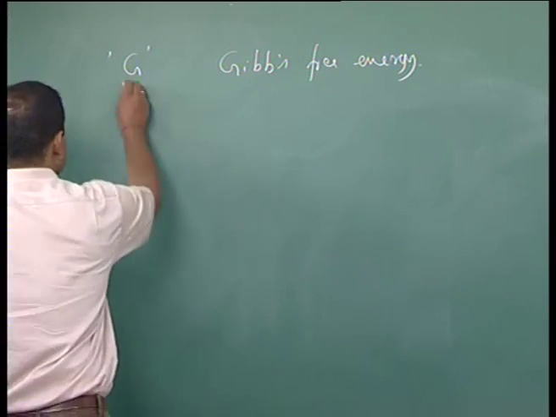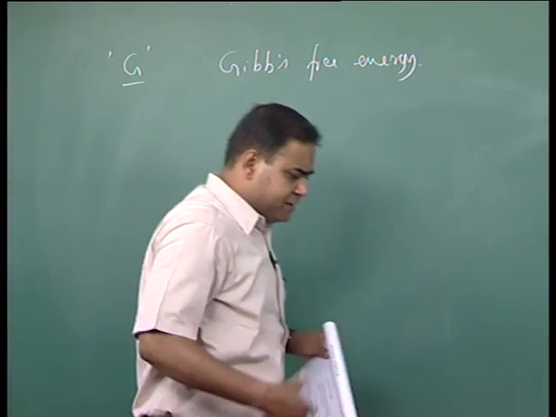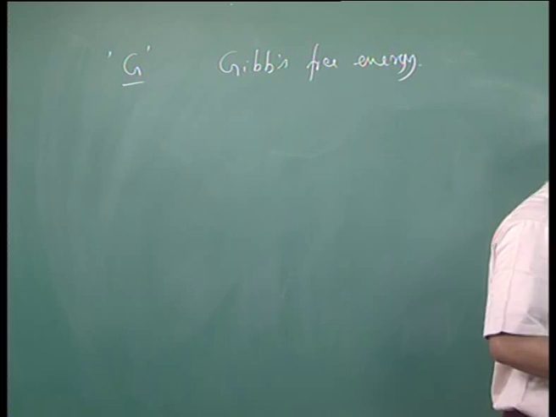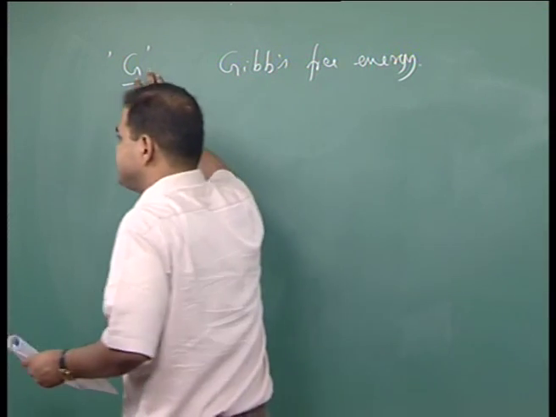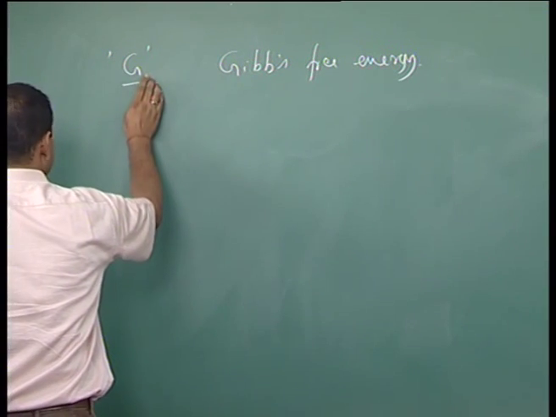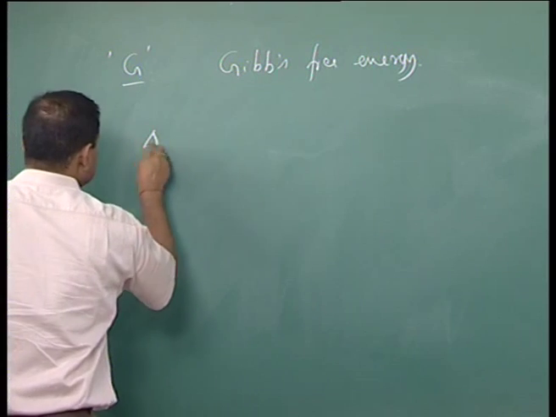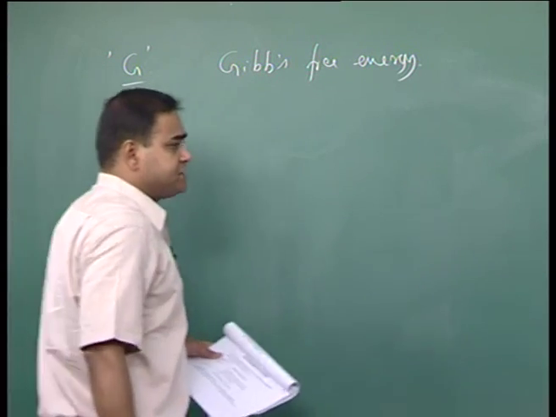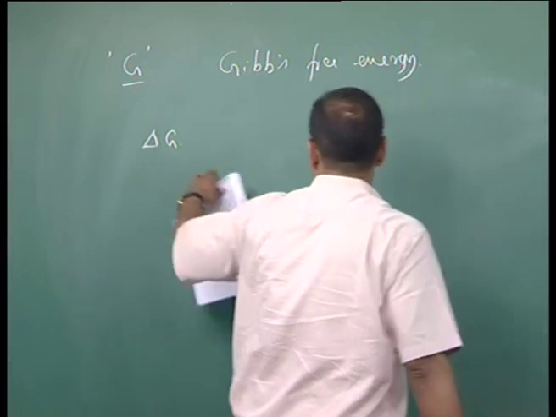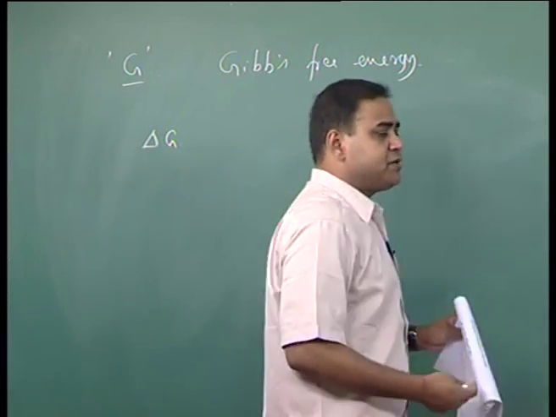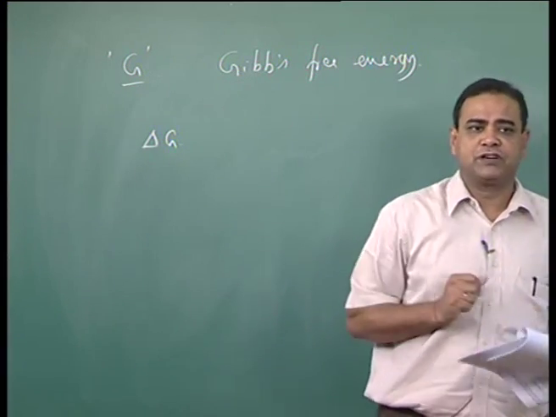Now, G is considered to be the energy of the system, but absolute G is very difficult, it is not possible to determine. Rather, we always determine del G, which is the free energy change, and this free energy change is nothing but the energy which is available for doing work.